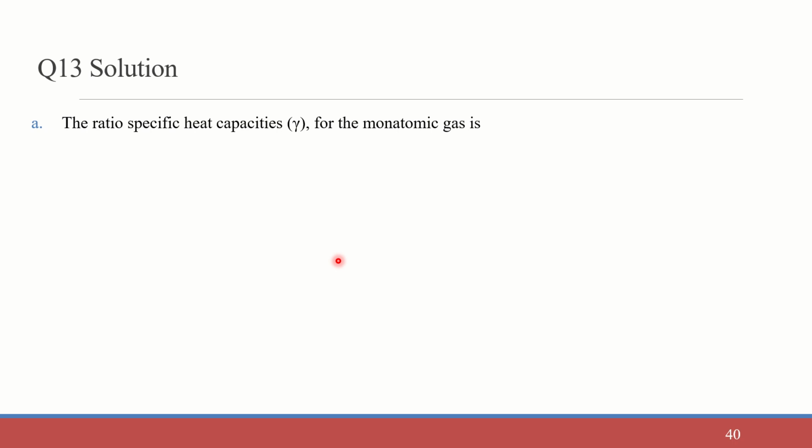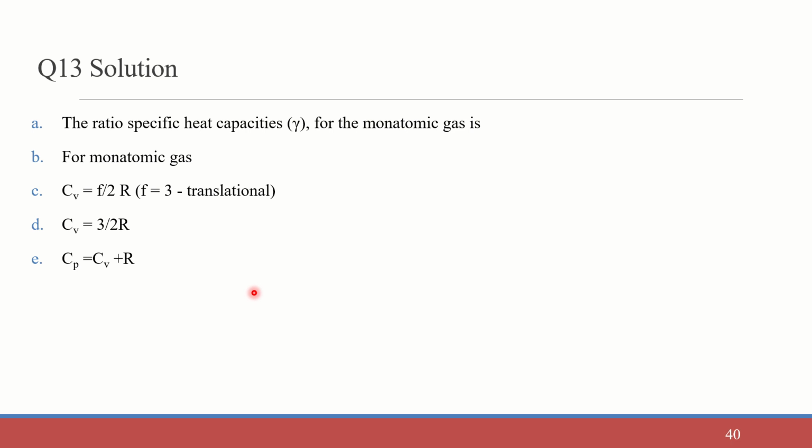For monoatomic gas, Cv is equal to F by 2 R, where F is equal to 3. That is, there are 3 translational degrees of freedom. So Cv is equal to 3 by 2 R, and Cp is equal to Cv plus R. Cp minus Cv is equal to R. So if we calculate Cp, it is 3 by 2 R plus R. So it would be 5 by 2 R.